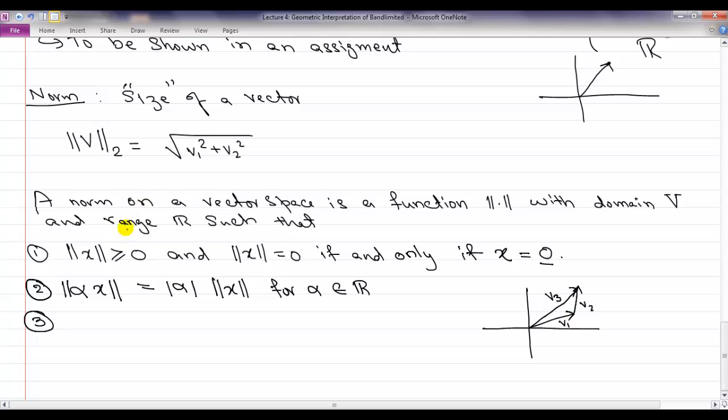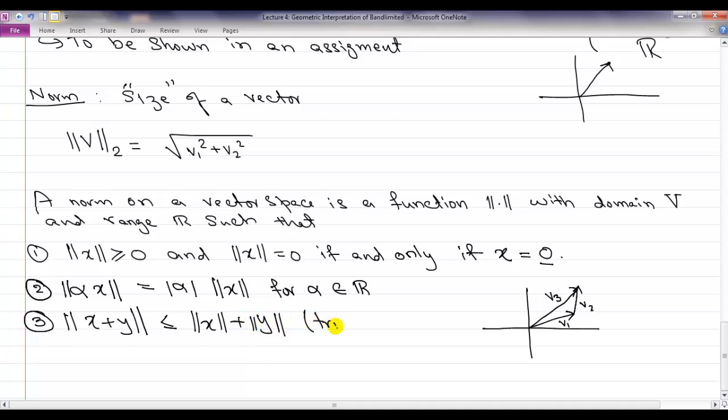And if you want to define something to be a length of a vector in a vector space, you want a similar property to hold. So the third property is that the norm of x plus y is less than or equal to the norm of x plus the norm of y. Okay?